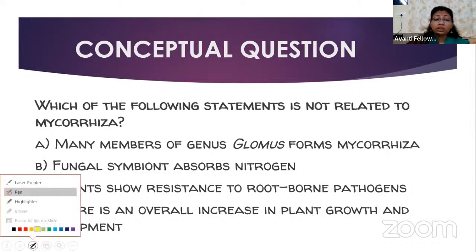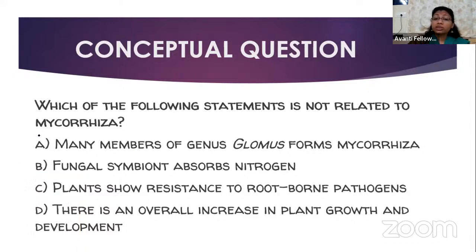Option A says many members of the genus Glomus form mycorrhiza. Option B says the fungal symbiont absorbs nitrogen. C, the plant shows resistance to root-borne pathogens. And D says there is an overall increase in plant growth and development. So we have four different statements, and you have to find the statement which is incorrect regarding mycorrhiza.